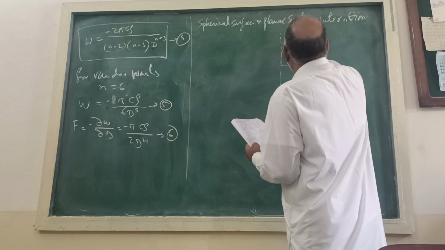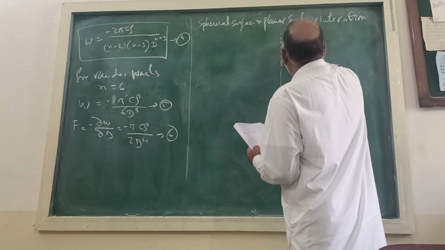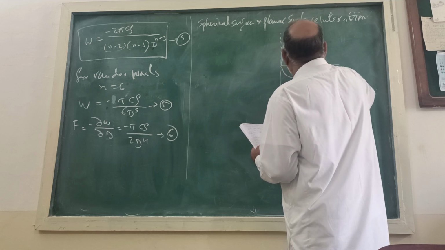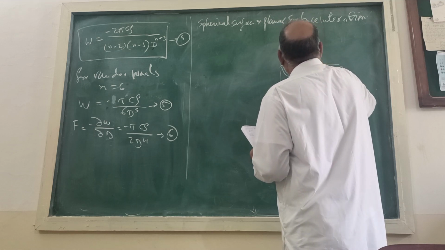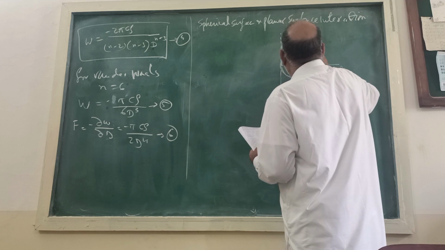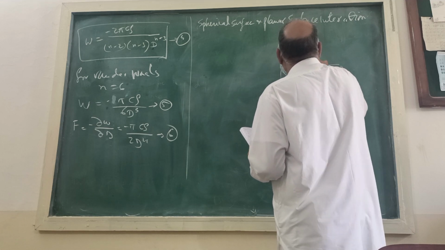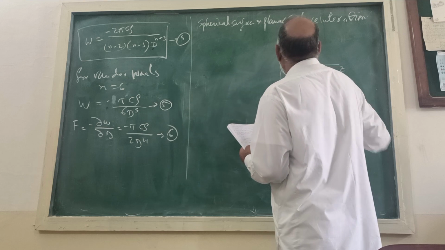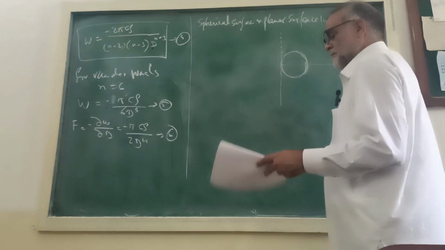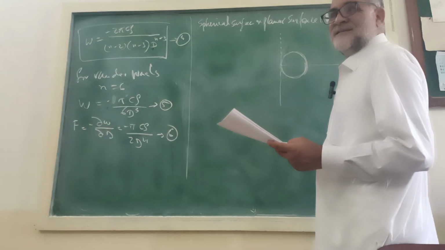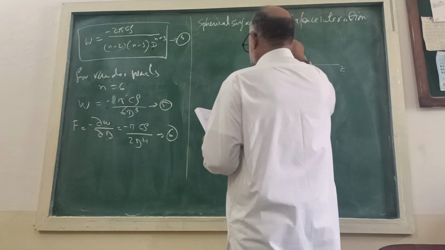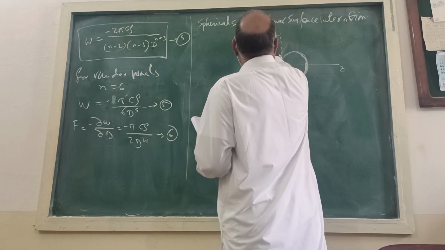And then we have a sphere over here. That is the sphere. And this is what? There are two planar surfaces.